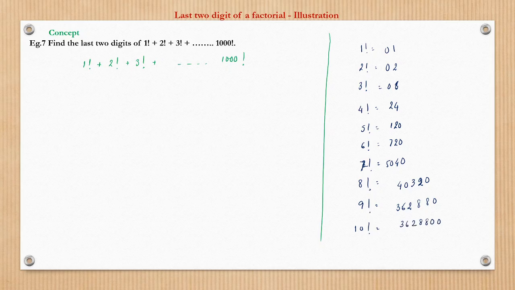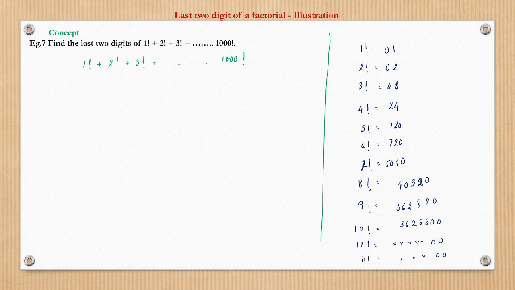Now the 11th factorial is 11 multiplied by 10 factorial, and since 10 factorial has 00 at the end, 11 factorial will also have 00. So every subsequent n factorial will have the last two digits as 00. For the unit digit we considered only 1 to 4 factorial, because we knew the unit digit of 5 factorial and onwards is 0.